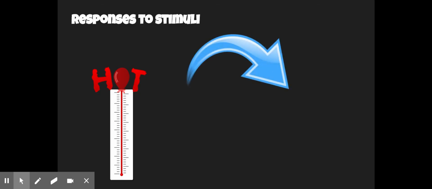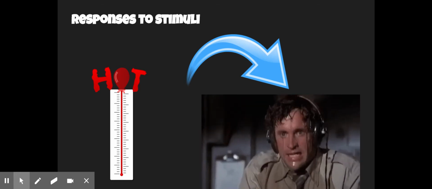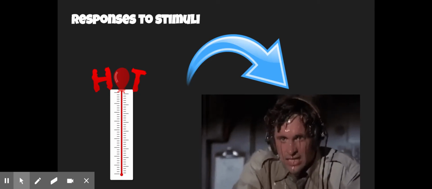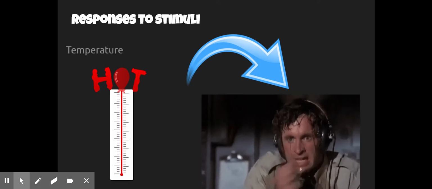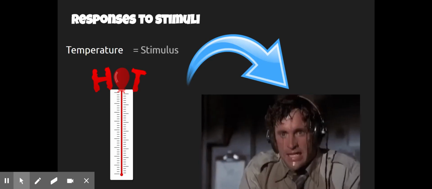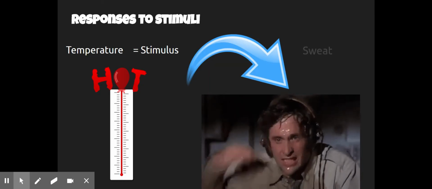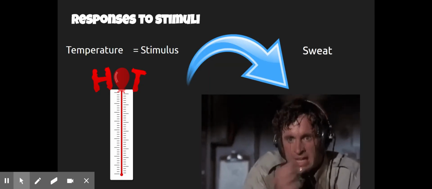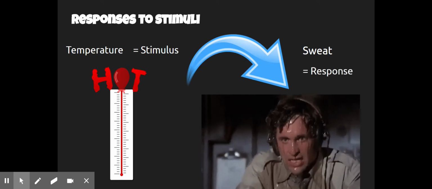And what happens then is this poor guy goes outside and he sweats. Okay, so it's super hot out and it causes the man to sweat. So temperature is the stimulus, and what it does to the body, which is make this guy sweat, is the response in this example.